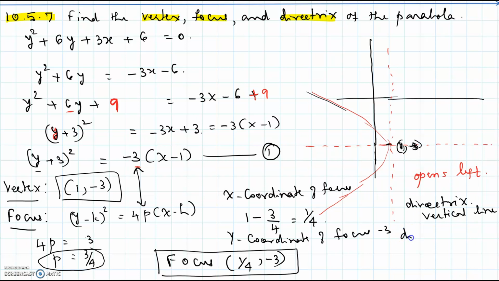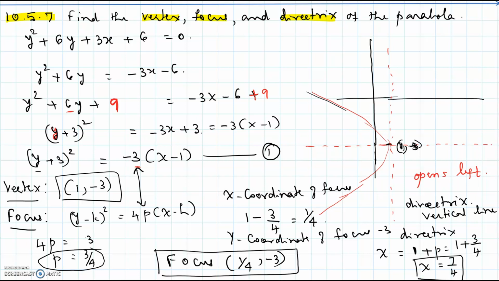So the directrix is x equal to the x coordinate of the vertex, which is 1, plus p, which is 1 plus 3/4, which is equal to 7/4. So that is the line x equal to 7/4, which is the directrix of this parabola.